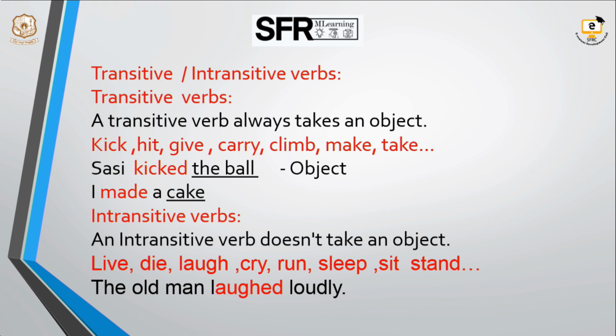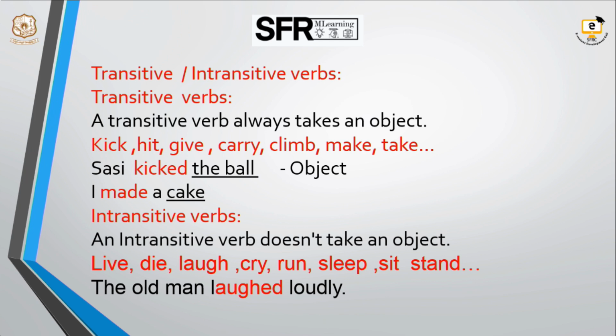With all of these, if you ask the questions who or what, you will get an answer. Duncan kicked what? The ball. I made a cake. I made what? Cake.